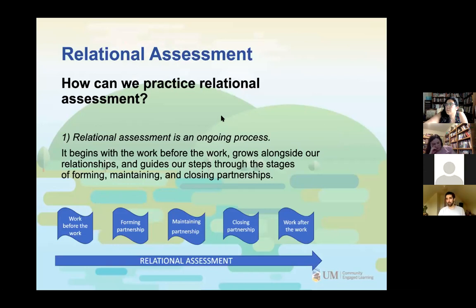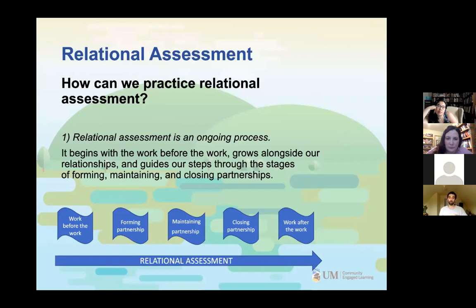So how can we practice relational assessment? We'll go through a number of practices that will help. The first one is to remember that relational assessment is an ongoing process. Differently to evaluations that might happen at the end or at the beginning of a program, relational assessment happens throughout the 5 stages of Indigenous partnership engagement.